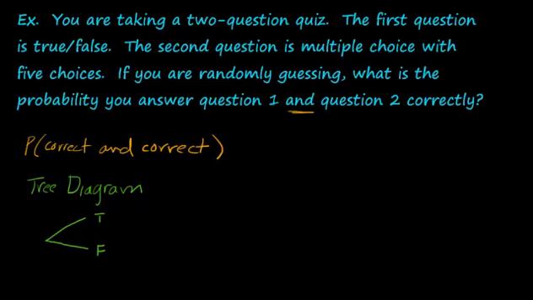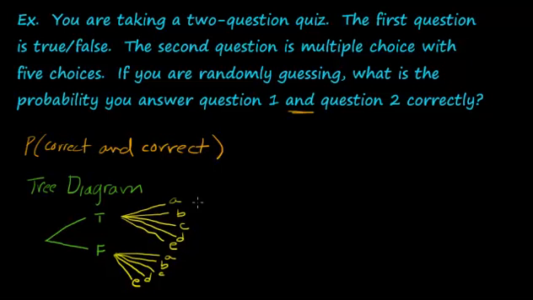We're on question number 2, and question number 2 we'll either answer A, B, C, D, or E. And likewise, if we went down branch false, we would have those same 5 choices: A, B, C, D, or E.